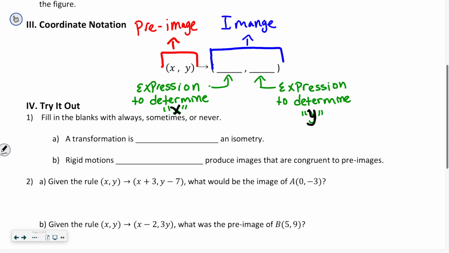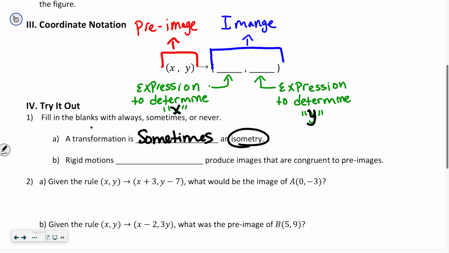Okay, so moving forward, a transformation is sometimes an isometry. Why sometimes? Well, because we have four different kinds of transformations, but only three of them are isometries, okay? Only three of them, namely the rigid motions.